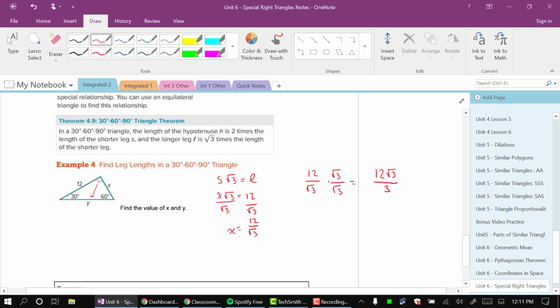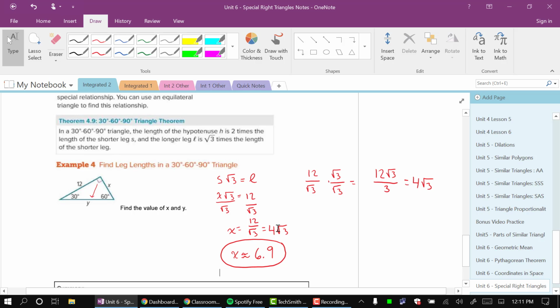I can divide 12 by 3, and I get 4 root 3. So x equals 4 root 3, which is about 6.9. So we solved for our missing value: x equals 6.9.